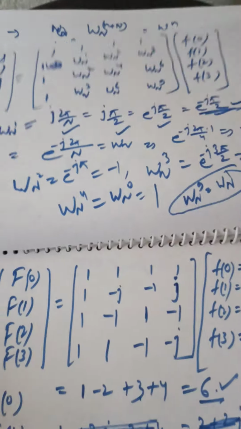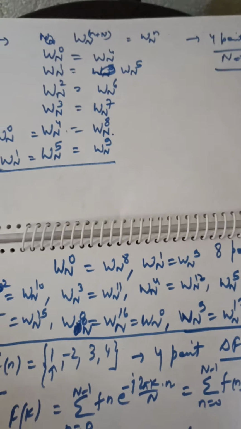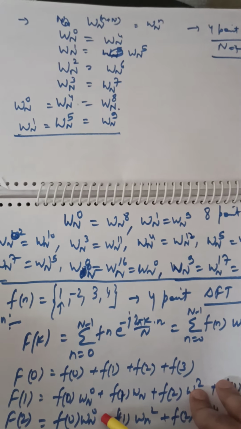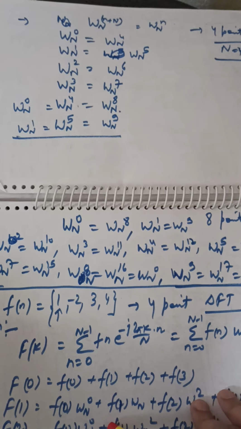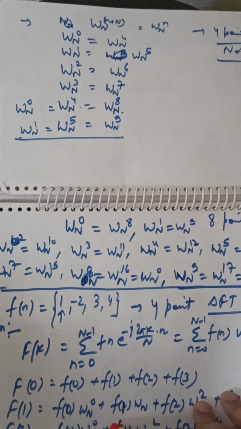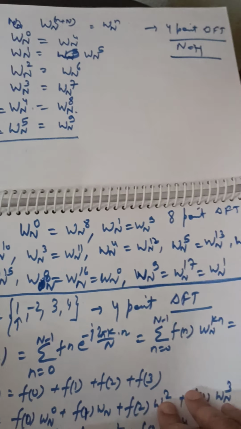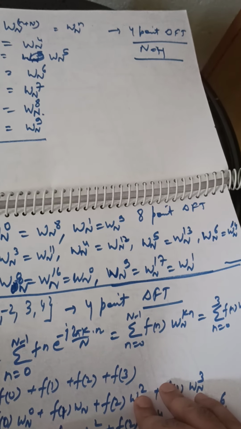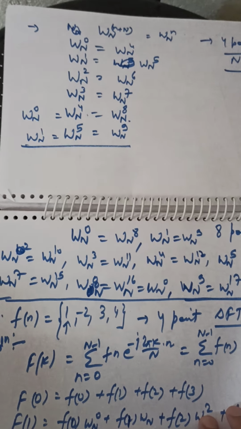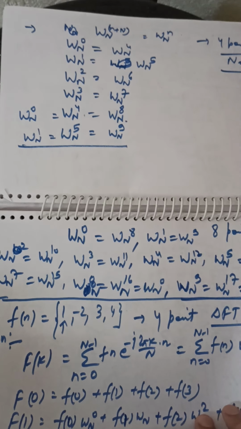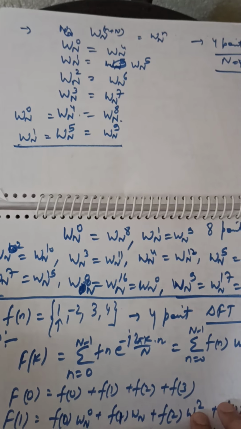Now coming to the very interesting thing, the repetition of twiddle factors. Have a look at this. wn to the power n plus n will repeat after the n part. If the 4-point DFT is this, have a look at this: wn0, the DFT is wn to the power 4.